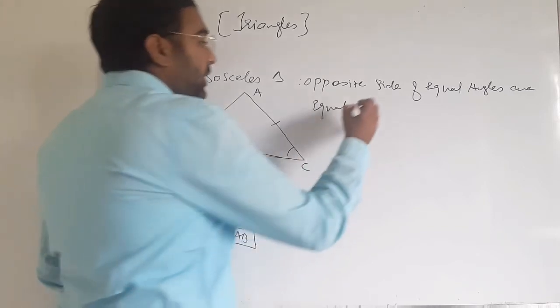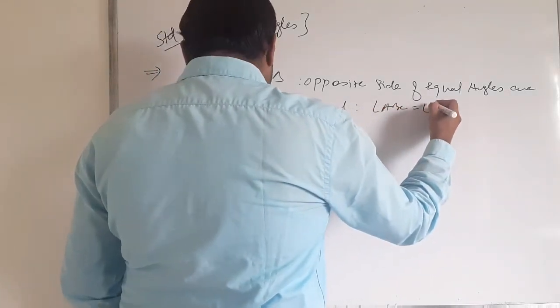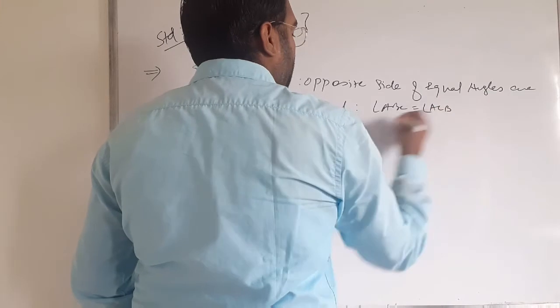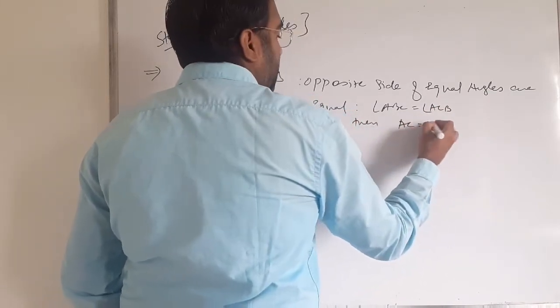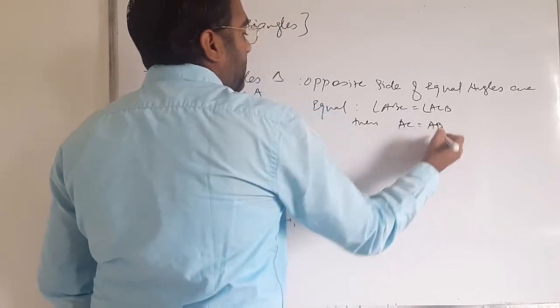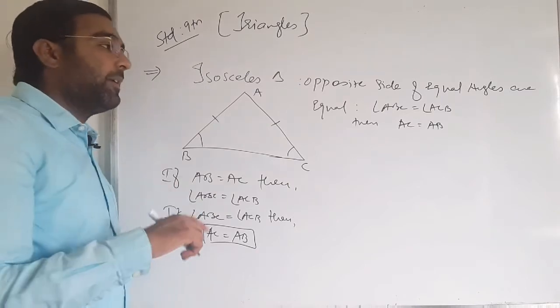That means if angle ABC is equal to angle ACB, then the opposite sides, AC and AB, must be equal.